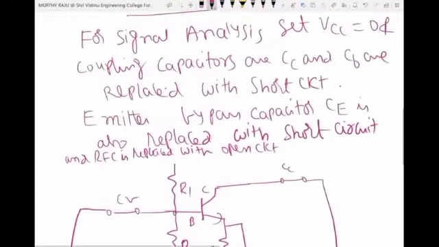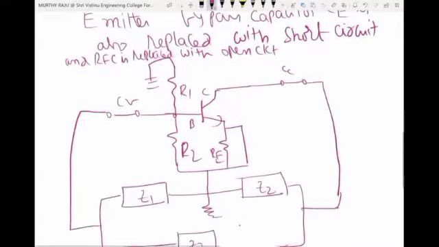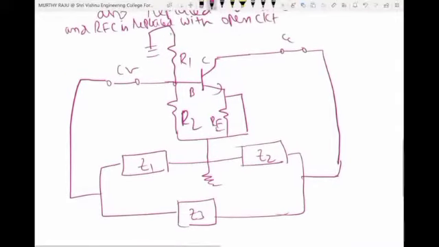One more assumption is there. Set VCC is equal to 0 means R1 is connected to ground. Initially RFC, radio frequency choke, is connected between collector terminal and VCC. For signal analysis, RFC is replaced by open circuit. Therefore, VCC is set to 0, means connected to ground.